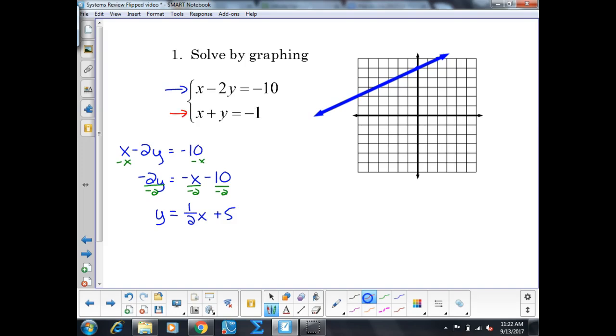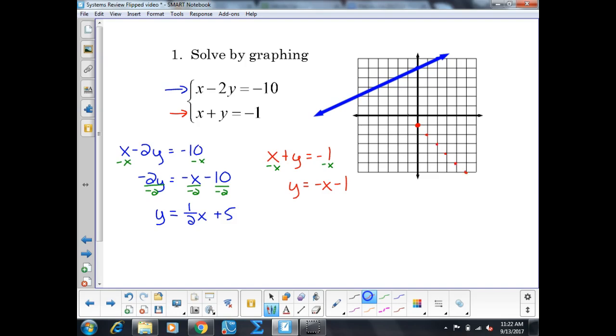I'll do in red. x plus y equals negative 1. So y is going to be negative x minus 1 when I subtract x from both sides. So that has a y-intercept of negative 1, and then I go down 1 and right 1.